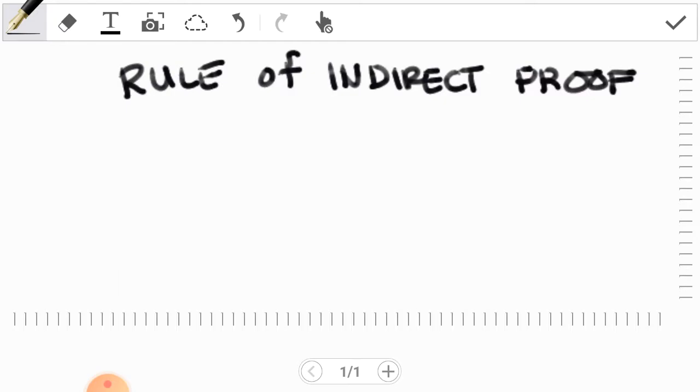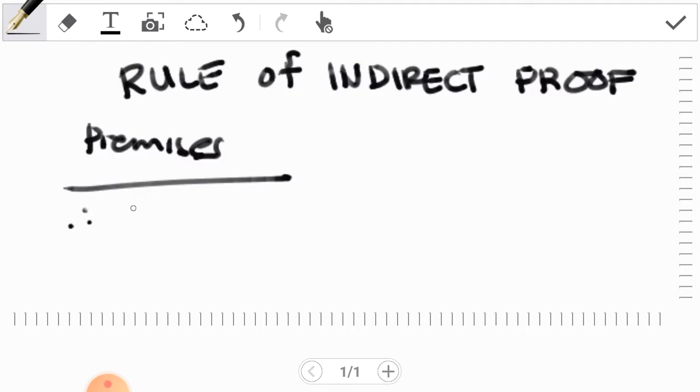And what we will do for the indirect proof is simply, the first step is, whatever conclusion is given, we negate that conclusion, making it a new premise. So for example, we have our premises, and then we have our, let's say, conclusion Q. So this is our original conclusion.